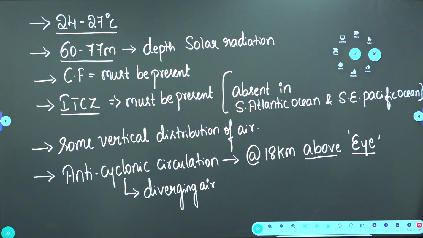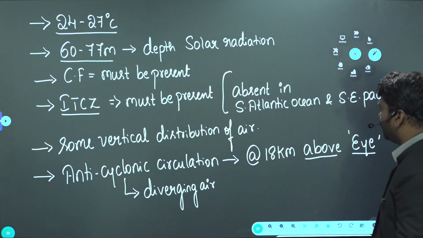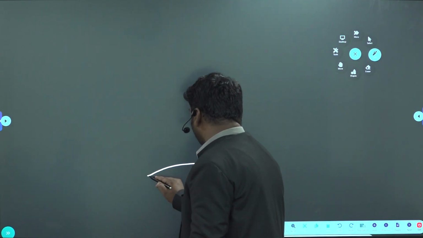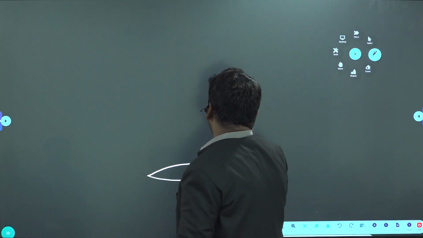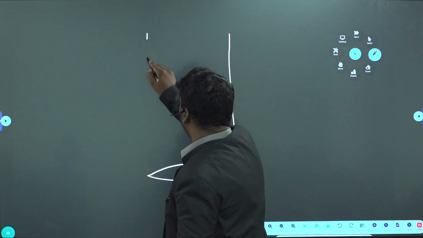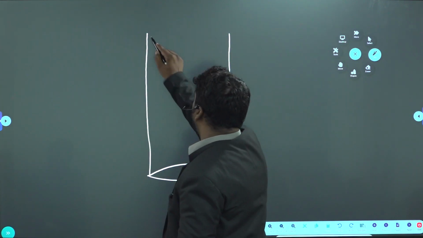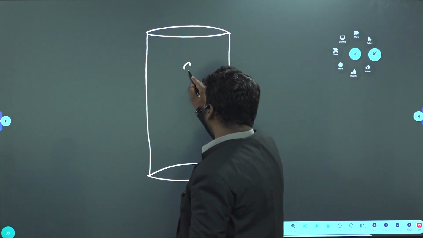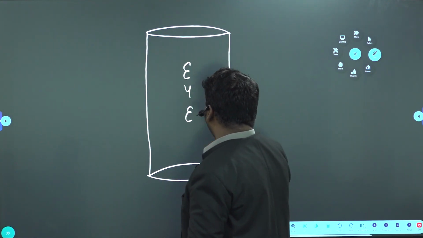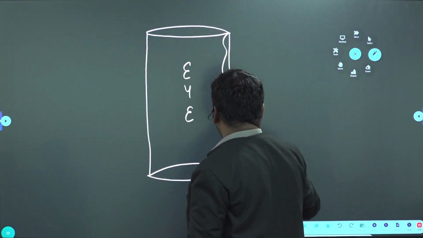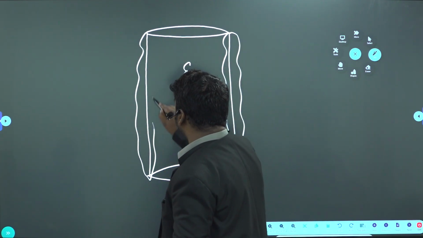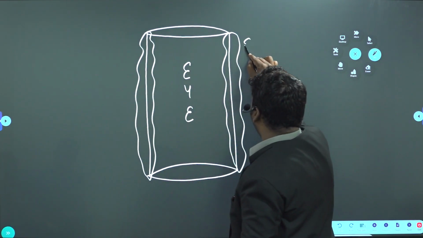Okay. Next. What is the structure of tropical cyclone? What will be there at the center? You'll have eye, and what are these clouds?